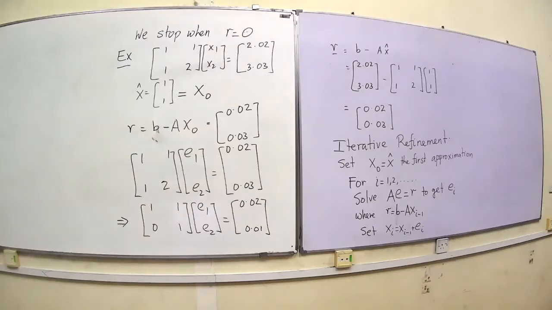You have this: 1, 1. If you apply Gaussian elimination, no pivoting, second row minus first row, you get 1, 1, 0, 1, times e1, e2, equal to 0.02, 0.01.